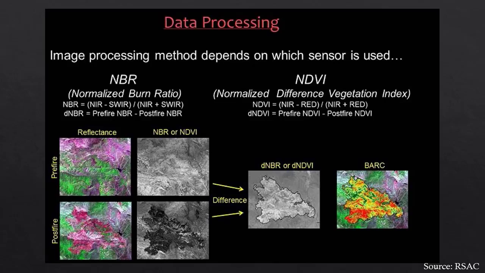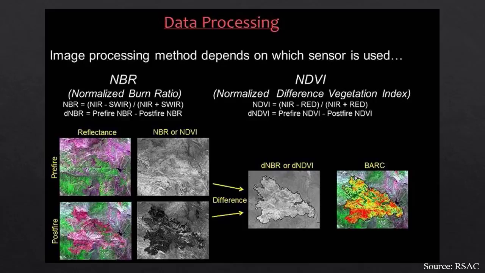The normalized burn ratio, or NBR, is the calculation of choice to measure vegetation conditions for Landsat imagery. NDVI is an alternative measure of vegetation change that is better suited for the spectral resolution of other sensors or perhaps some vegetation types.